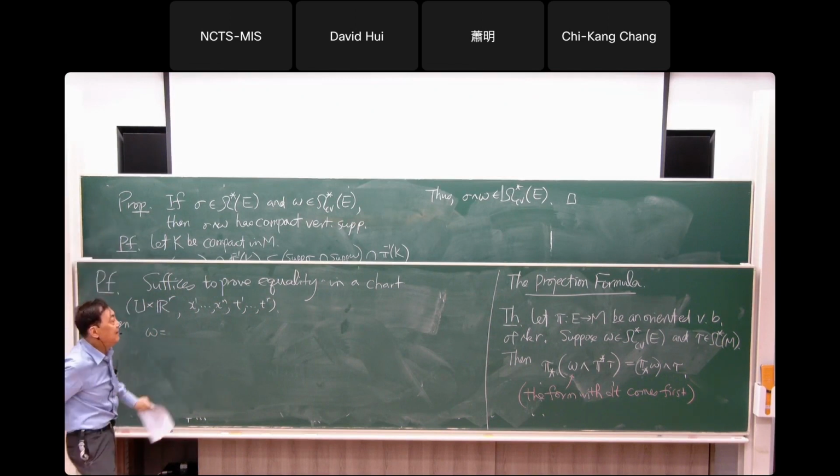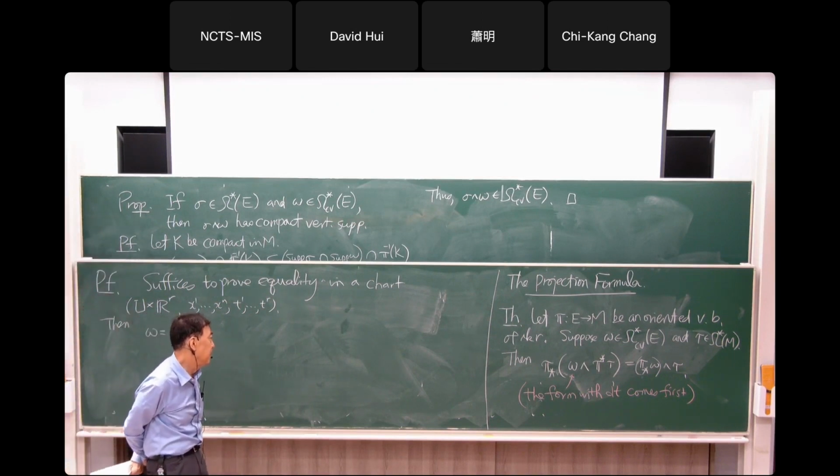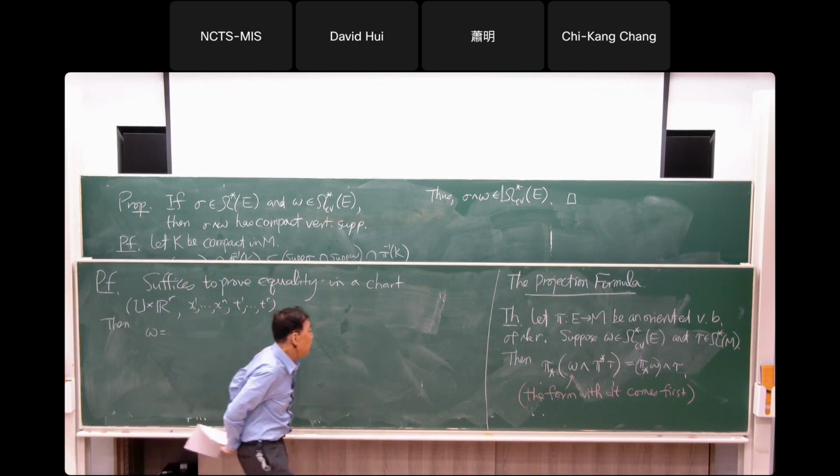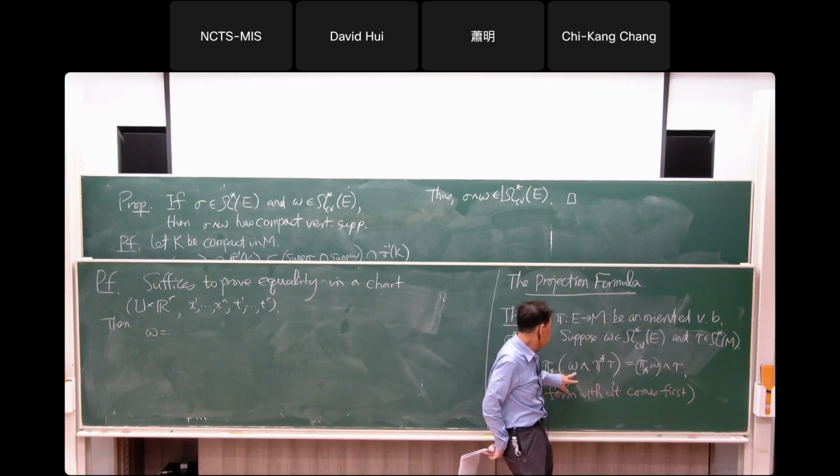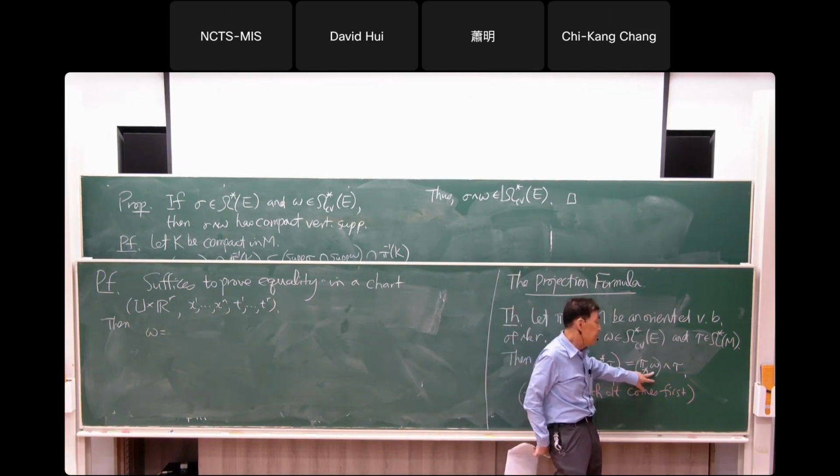If omega has type 1, that means it doesn't have enough dt's, then the wedge product will be type 1, so pi lower star will be 0. And here, pi lower star omega is 0.